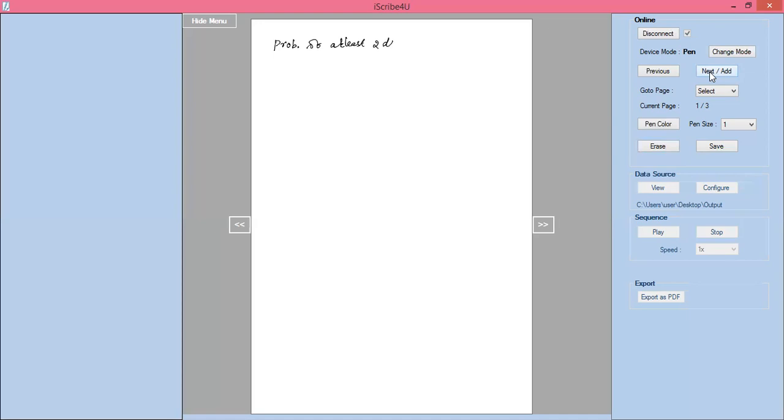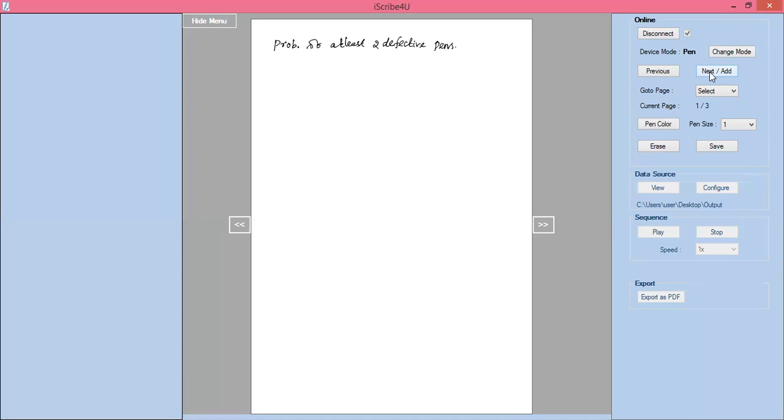At least 2 defective means either 2 pens, or 3, or 4, 5, 6, 7, 8, 9, 10, 11, or 12 pens. This many pens should be defective. At least means from that number up to the upper number.